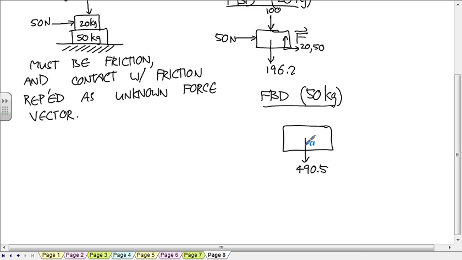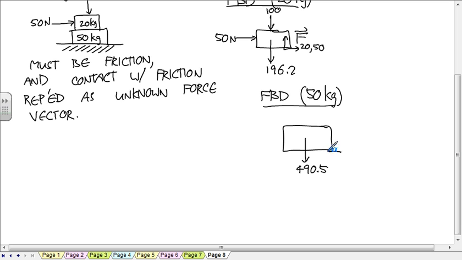Okay, so there's the weight. Now we're going around the boundary looking for contact. So where else are there going to be loads? There's going to be a force applied by the ground, and it's not just a normal force, it's two components because there's friction.